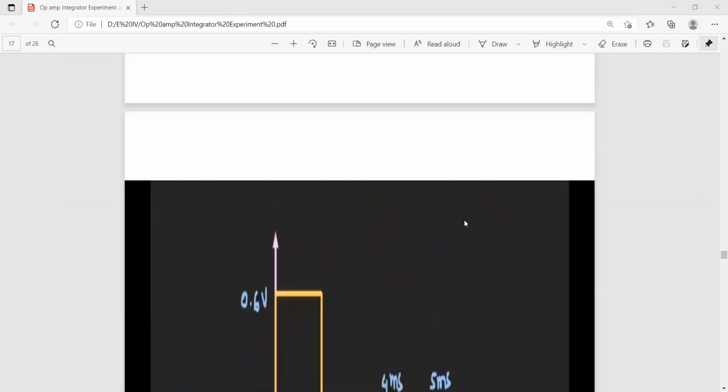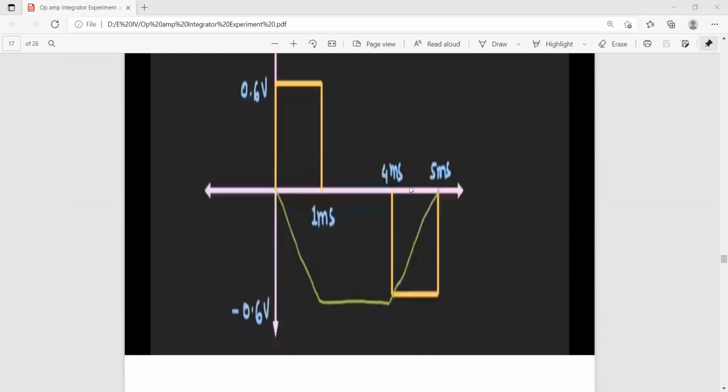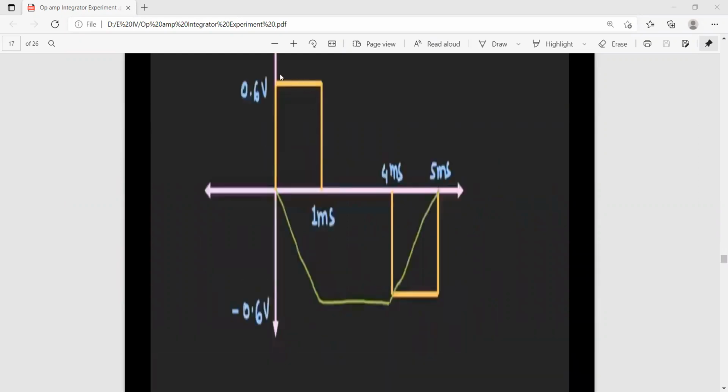Now another case, if you are observing a second case, the signal is applied in this format. So that is one positive, then completely zero, then negative. If you are applying like this, for positive the waveform is negative, that is a ramp.